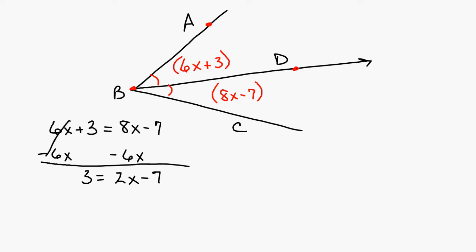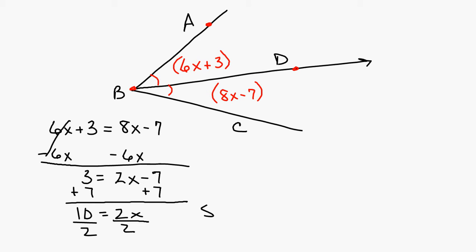If you add 7 to each side, then 10 equals 2x. You can divide each side by 2. And 5 is equal to x. Agreed? Yes.